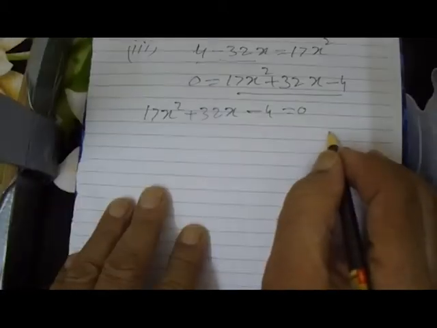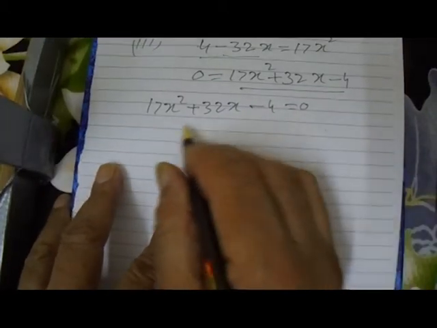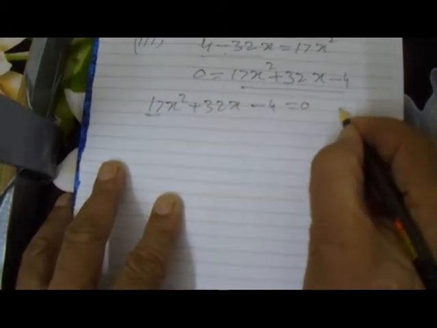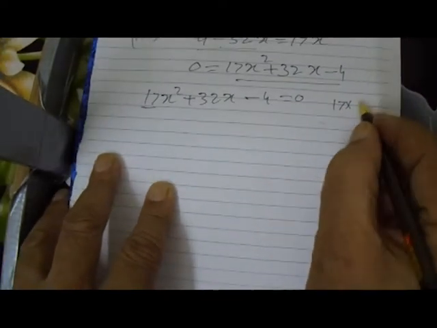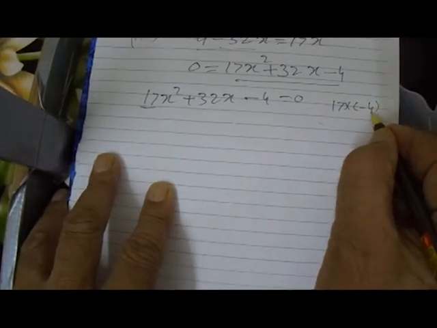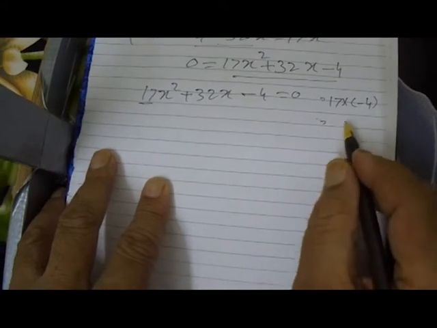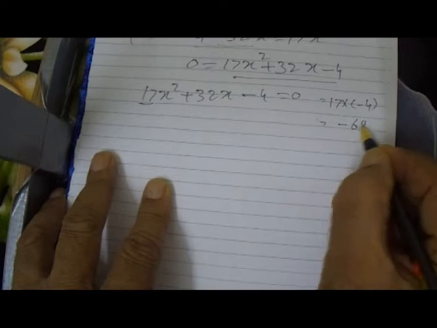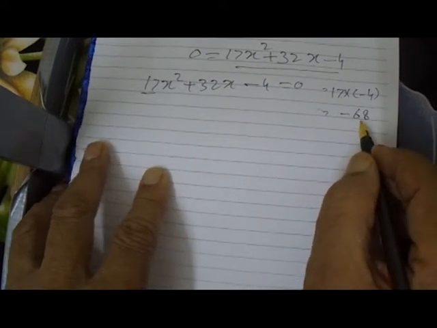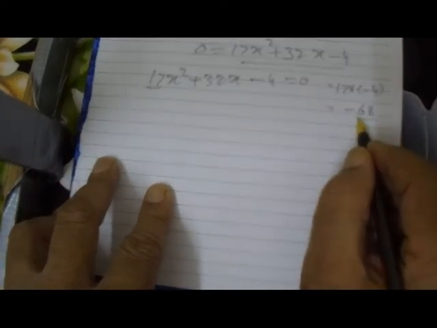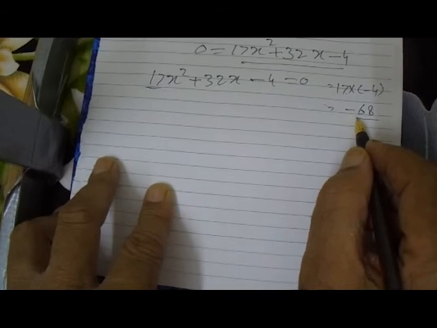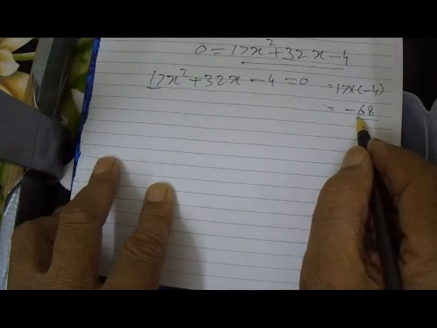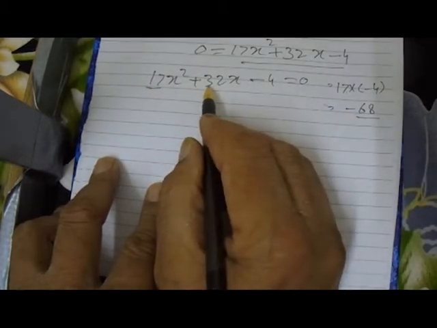Now we make the factors of this, and we write here the coefficient of x square is 17 and the constant term is minus 4. Now we multiply 17 by minus 4, we get minus 68. Now we want to make two factors of minus 68, which we multiply, we get minus 68 and add or subtract, we get plus 32.